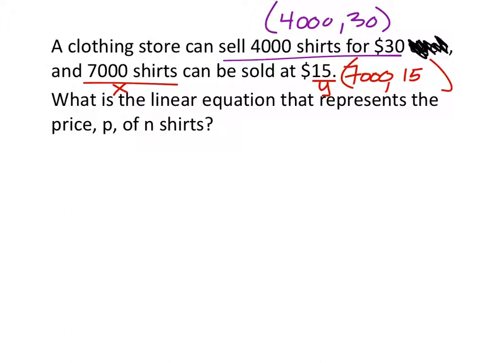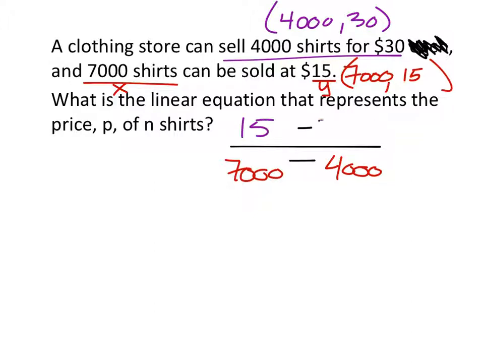Okay, so we can find the slope on this thing, right? I'm going to use 7,000 and 4,000. So 7,000, 15 is our first point. 4,000, 30 is the second one. And then we got 15 minus 30. That's going to give us a negative value. We got negative 15 over 3,000.